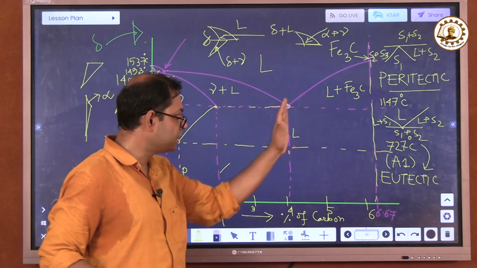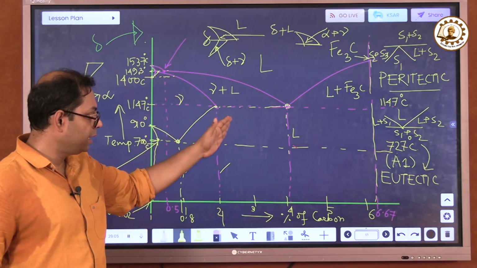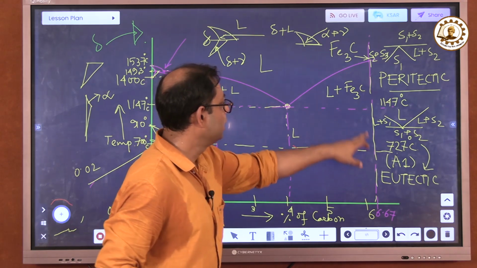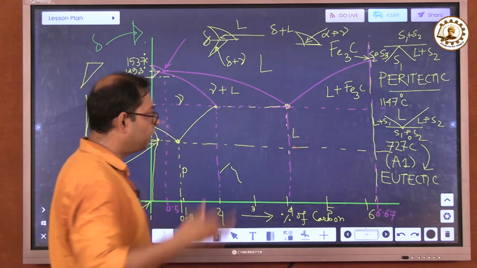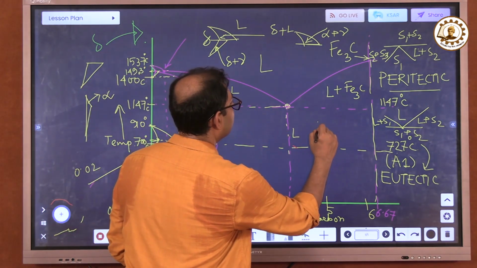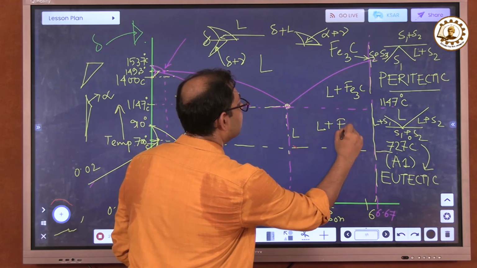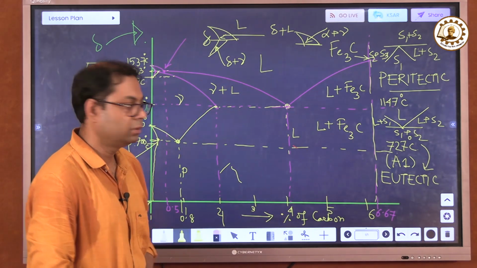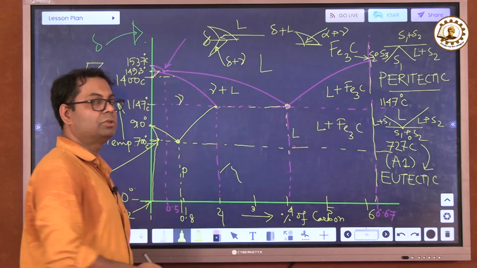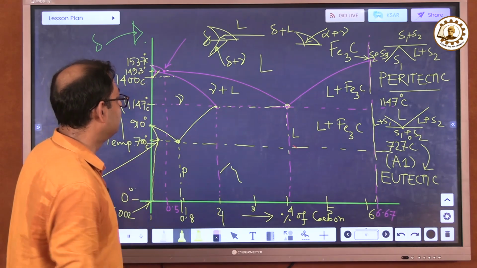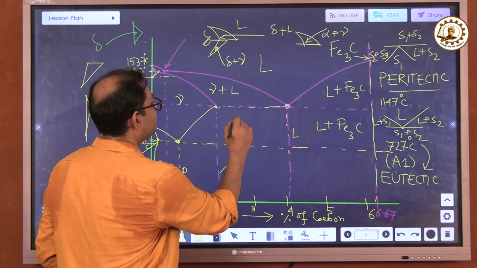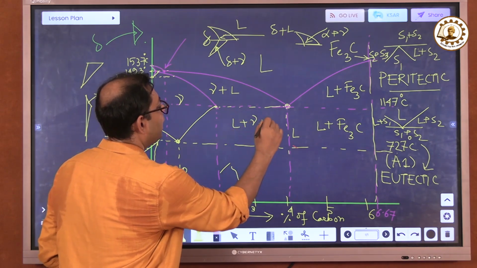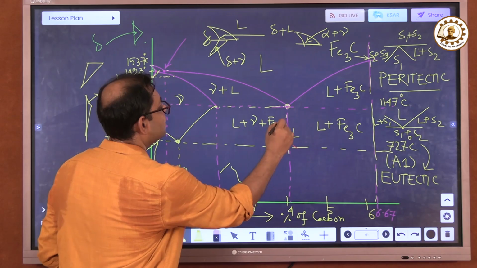Okay, not right hand side, not left hand side. So what is there in the left hand side, and what is there in the right hand side in this rectangular region? What do you think? So it will be L plus Fe3C. Anything else? No, not really. But actually there will be. I will tell you. In the left hand side, that is ledeburite plus gamma plus Fe3C.